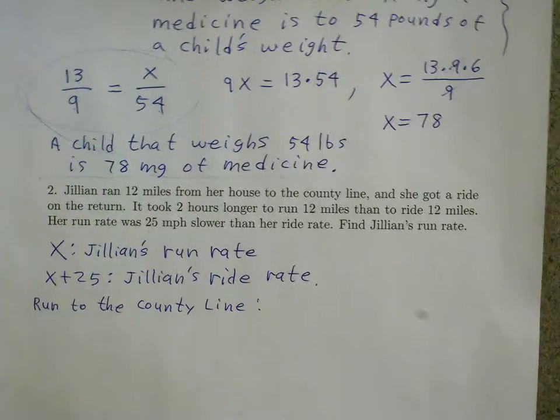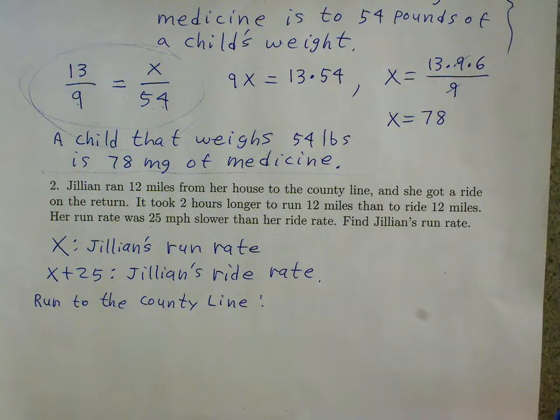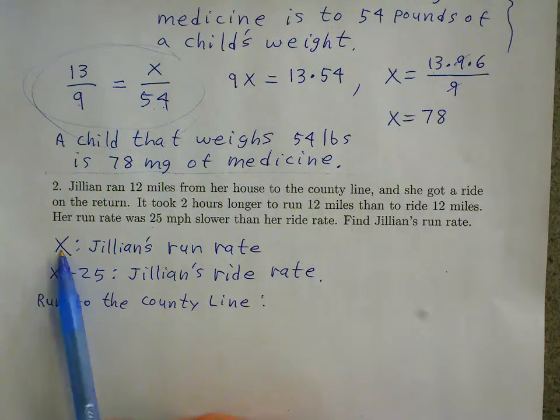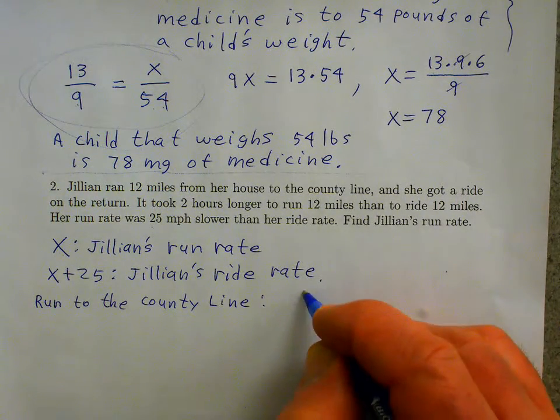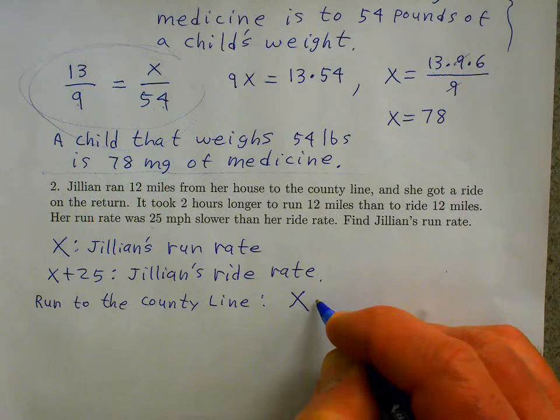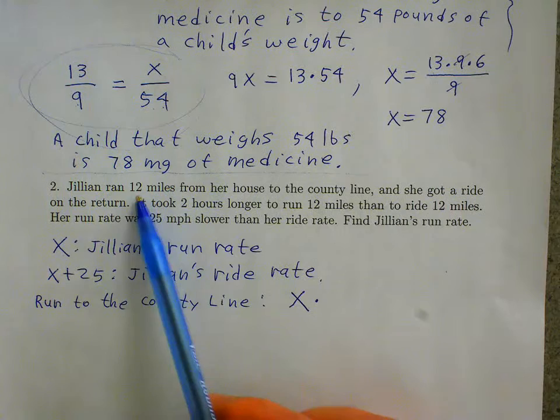So let's write an equation of the form rate times time equals distance for the case where Jillian runs to the county line. Her rate is X miles per hour when she's running to the county line. The distance is 12 miles.